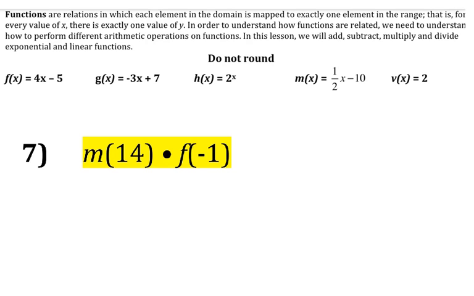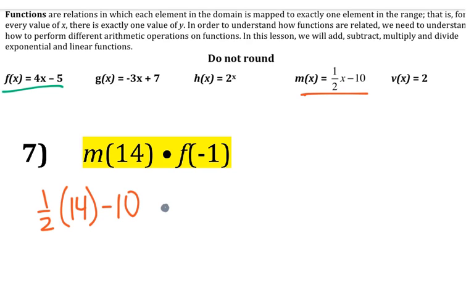Okay, number 7, m of 14, so there's m, times f of negative 1. So we'll just do a piece at a time. M of 14 is 1/2 times 14 minus 10, and then I'm going to multiply that by f of negative 1.